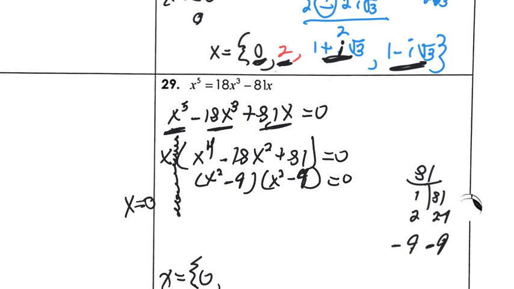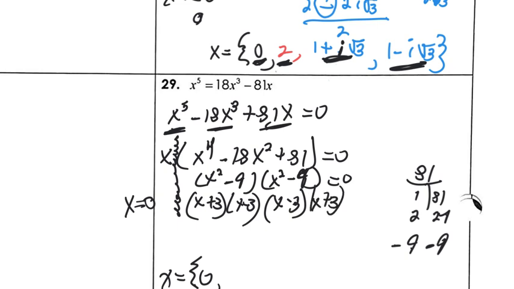Okay, so it looks like I can continue to factor those because they're a difference of two squares. That's x plus 3 times x minus 3. We did a lot of those, in fact, with this exact one, x minus 3, x plus 3. That's your difference of two squares because x squared and 3 squared, okay? So it looks like we got all kinds of solutions. Some of them are double roots, some of them are the same. Set everything equal to 0.